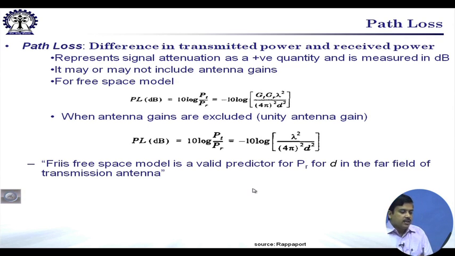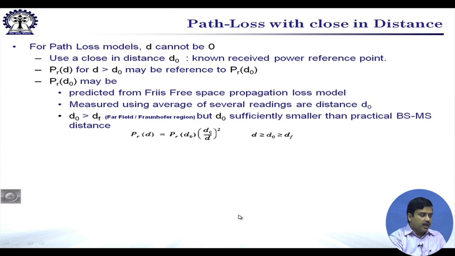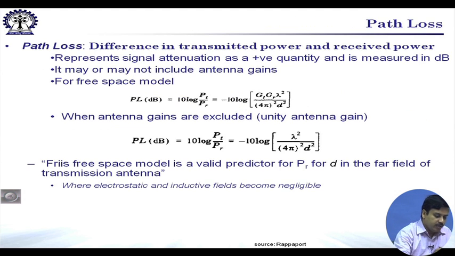Now, this is a valid predictor for d in the far field of the antenna. This means that we are at a sufficient distance from the antenna where there are no electrostatic or inductive fields from the antenna. Further, the other important thing you can see in this expression is that in the denominator we have d squared.